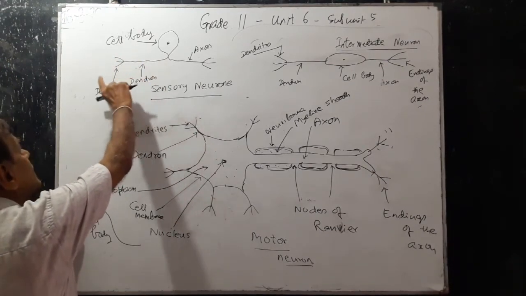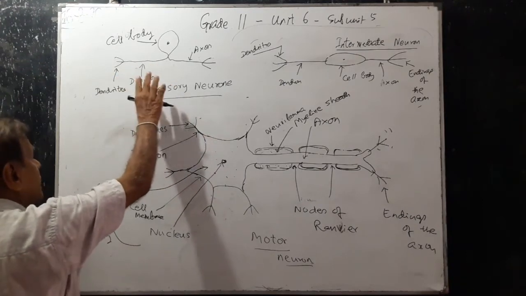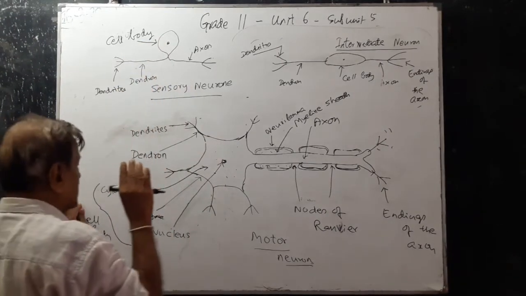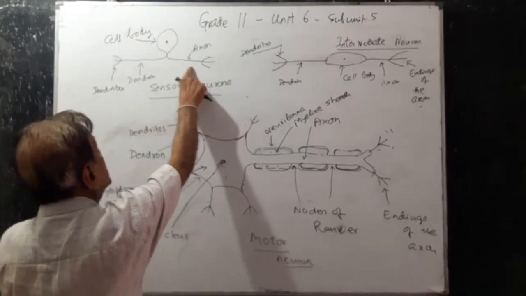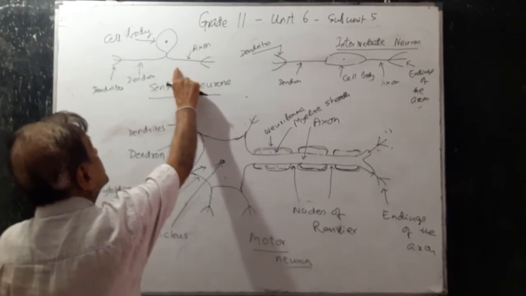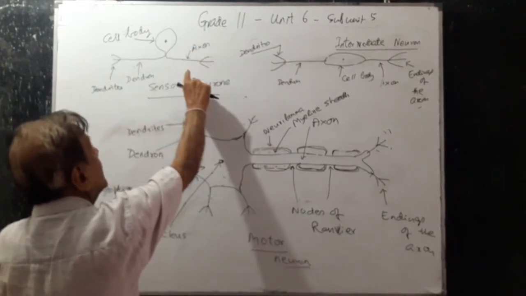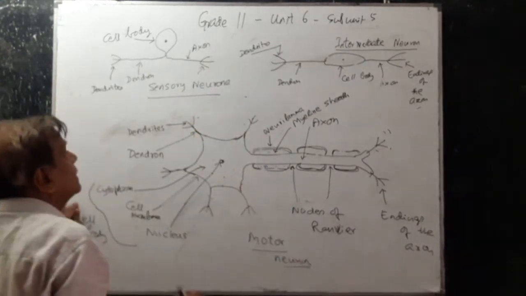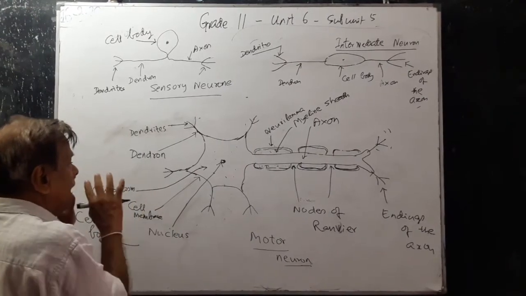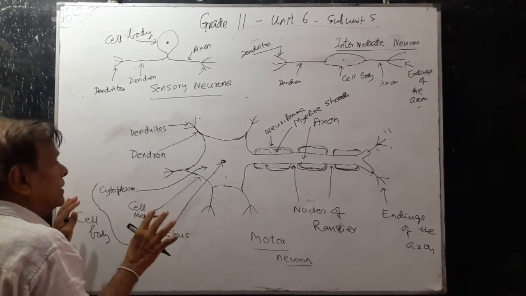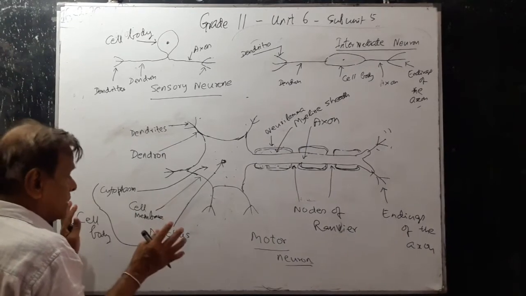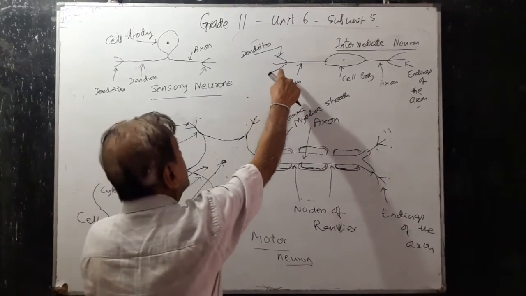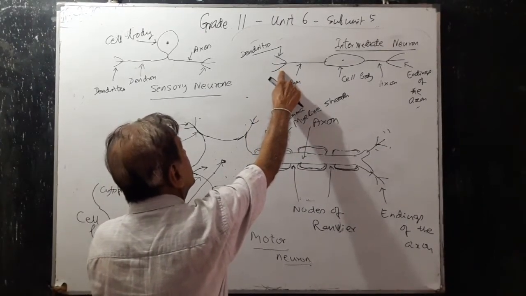Dendrons conduct that message to the cell body. From the cell body, that message goes through the axon, and from the endings of the axon, the nerve impulse is transmitted to the dendrites of the intermediate neurons.